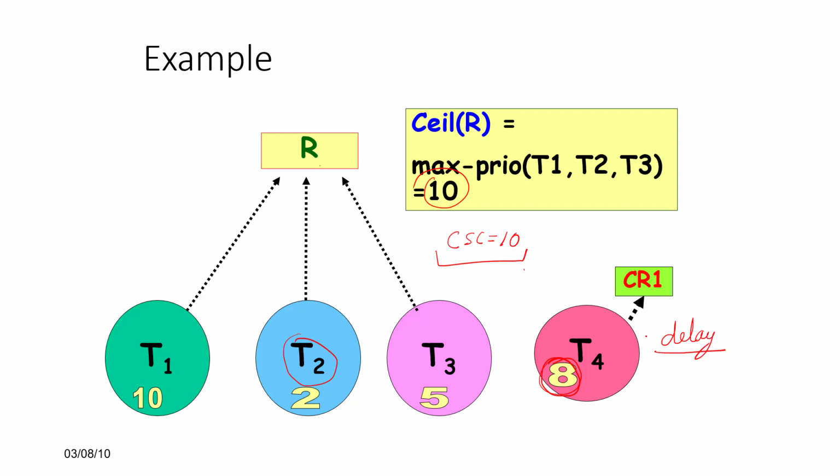Let's assume CR1 is different from R, and further assume that the lowest priority process T2 is holding on to R. The sad part is that T4 will still be made to wait because, in a sense, T4 can execute on the CPU as much as it wants. But to get hold of a resource, its priority needs to be higher than the current system ceiling, which it is not.